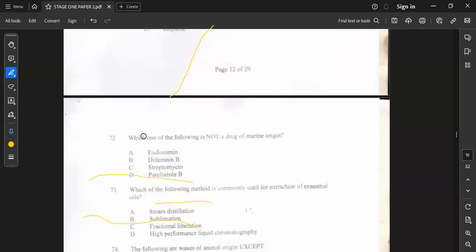Which one of the following is not a drug of marine origin? Eudistomide, didemnin B, streptomycin, and patellazole B. Marine origin. Isn't it streptomycin? Streptomycin.